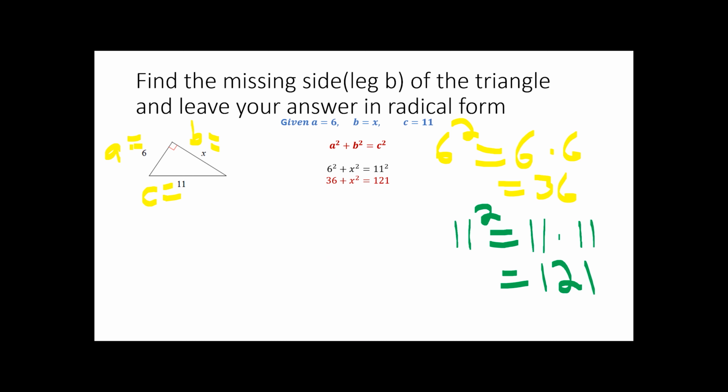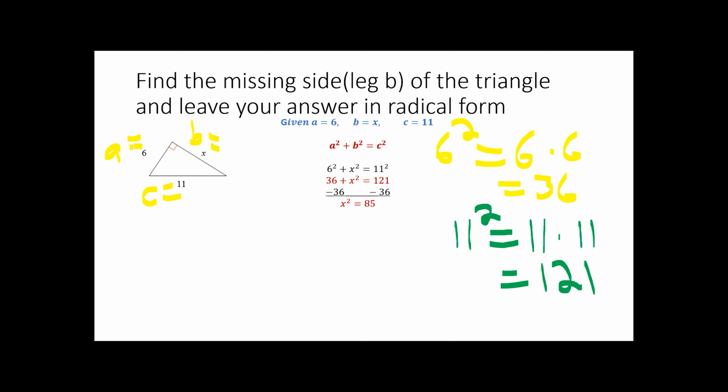So we plug it in. We have 36 plus x squared equals 121. Now we want to isolate x squared. So 36 is added to x squared. We have to undo addition, so we subtract 36 from both sides. We are left with x squared equals 85.